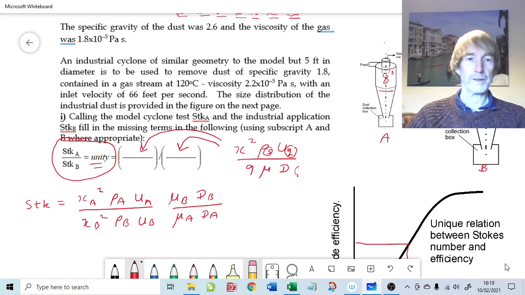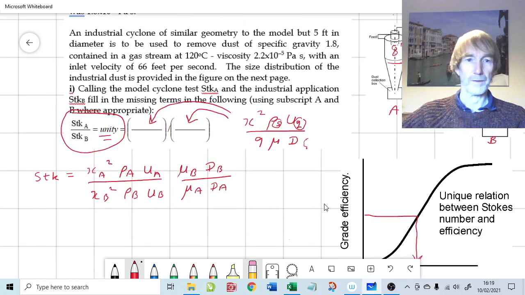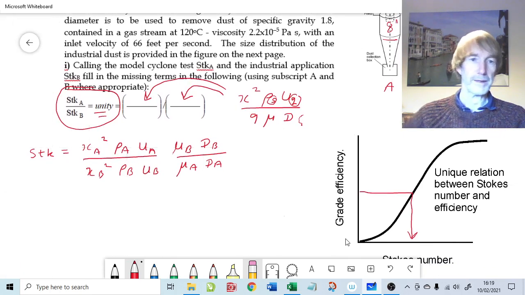So what we can do now is rearrange for XB.